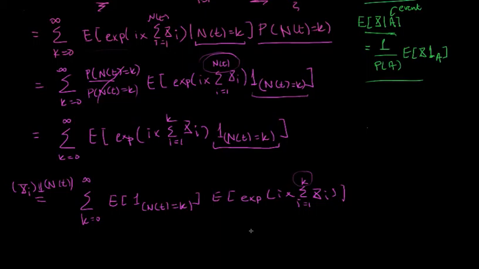And that's really comfortable because what I can do now, well, I can do two things. The first thing I can do is I can notice that the mean of an indicator is just the probability of the event that the indicator indicates. So this is just the probability that N(t) is equal to k.